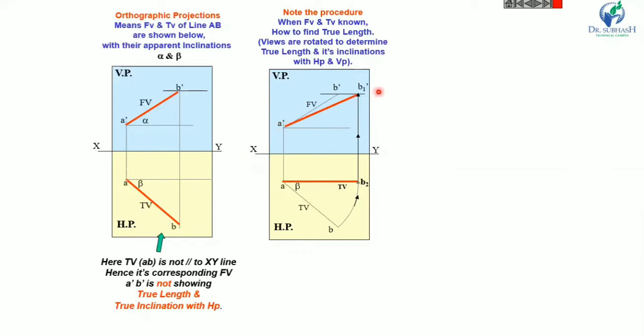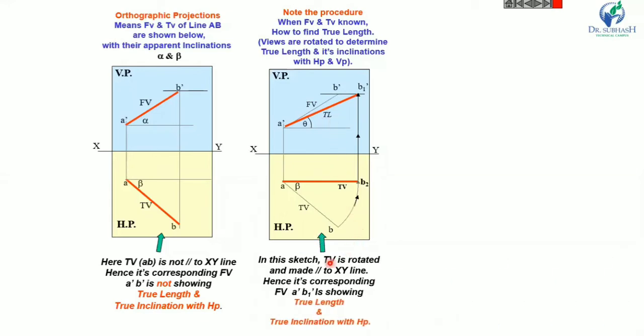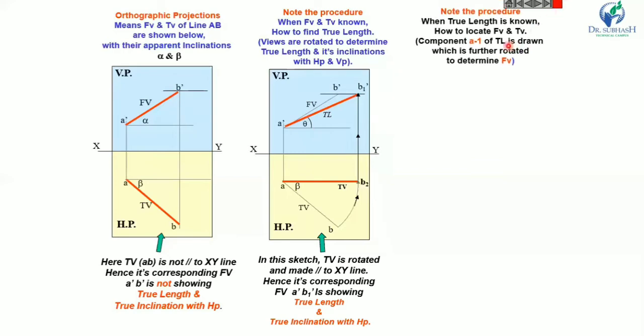A dash B1 dash is the front view, and this theta is the inclination of the true length with HP. In this sketch, the top view is rotated and made parallel to the XY line. Hence, its corresponding front view A dash B1 dash shows its true length and true inclination with HP, and it is theta.